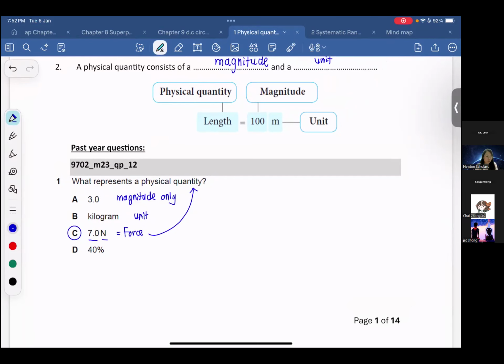If no question, then we will go to your page number 2. Because this is the first lesson, you will have some time to complete some exercises.